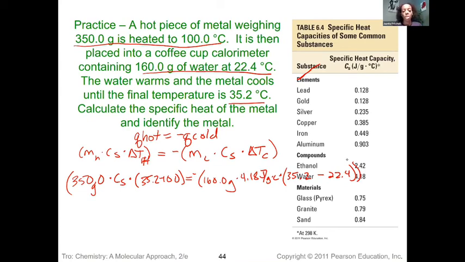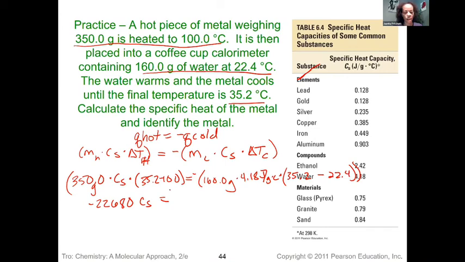We then want to go ahead and do the algebra on both sides. So we could first start by doing 35.2 minus 100 degrees is the change in hot temperature. And we times that by 350. And that gives us on this side negative 22680 times the specific heat is equal to, now we'll do the same thing on the other side.